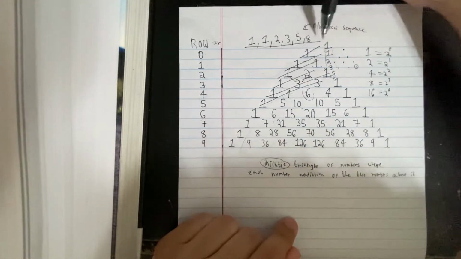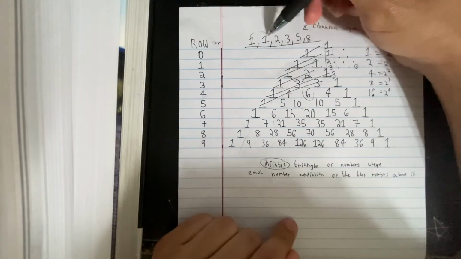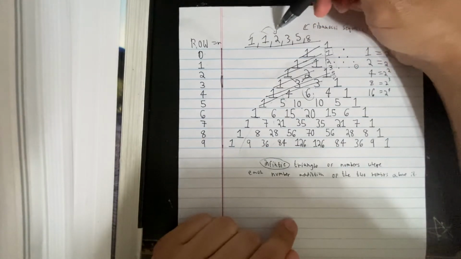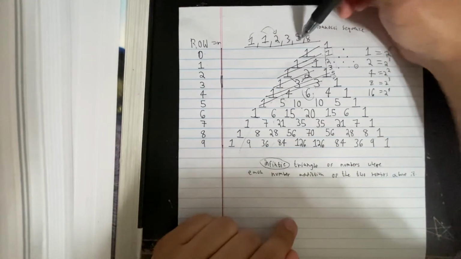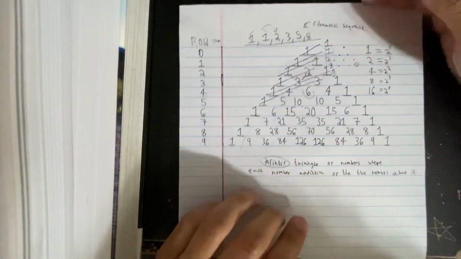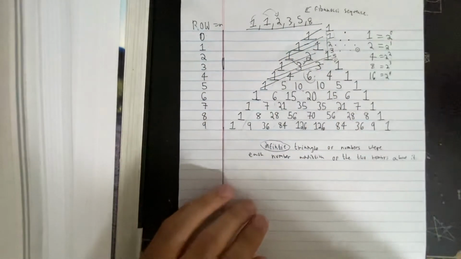Essentially this sequence is defined by the two previous numbers adding up to the next one. So 1 plus 1 is 2, 1 plus 2 is 3, 2 plus 3 is 5, 3 plus 5 is 8, so on and so forth. And those are just some interesting facts about Pascal's triangle.